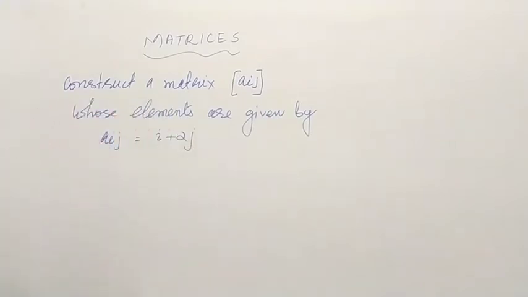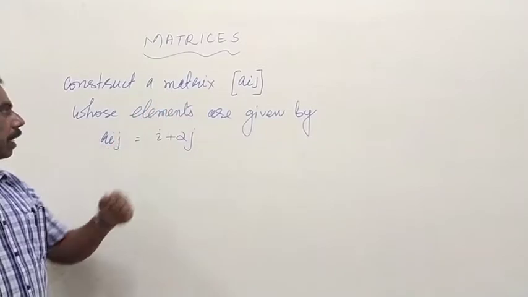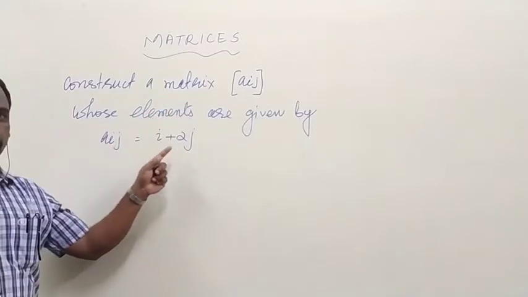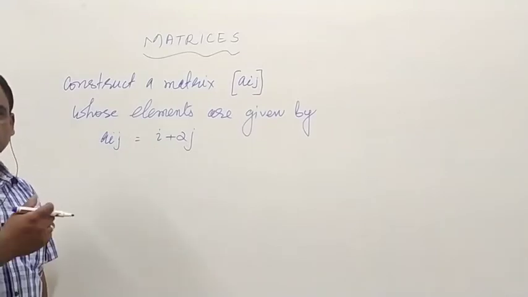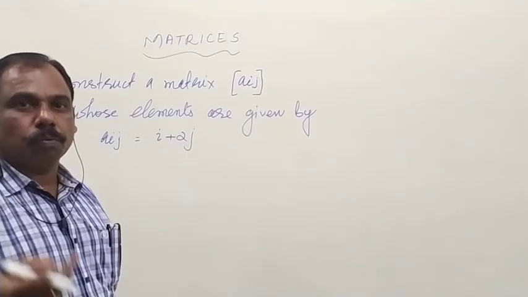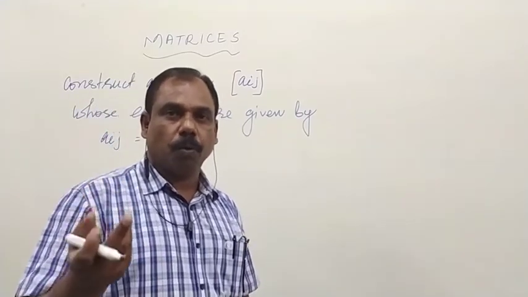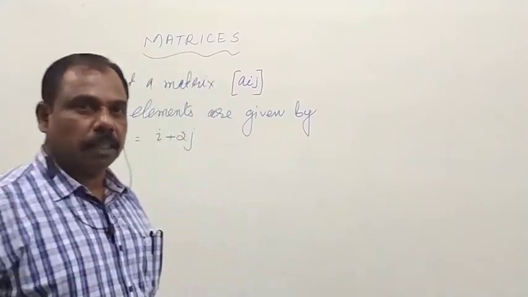Now, look at this question. Construct a matrix Aij whose elements are given by Aij equal to i plus 2j. That means you can construct a matrix of order 1, order 2, order 3, order 4, order 5, etc.